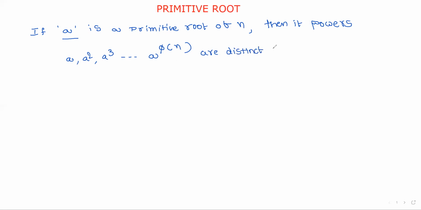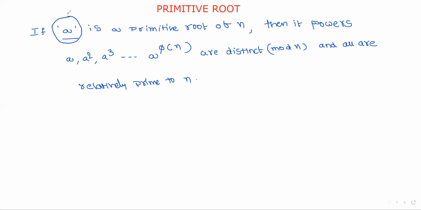That means all are different with respect to mod n, and all are relatively prime to n.